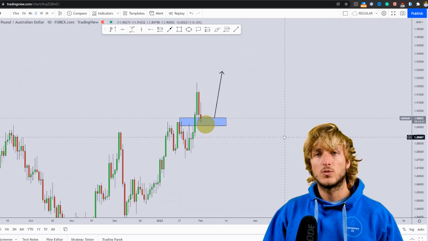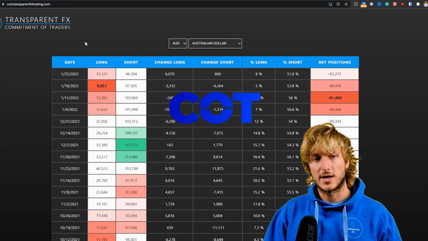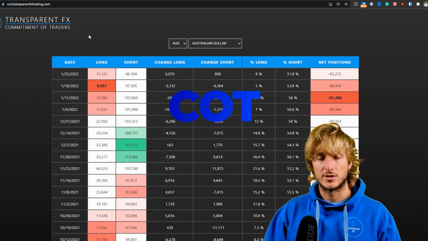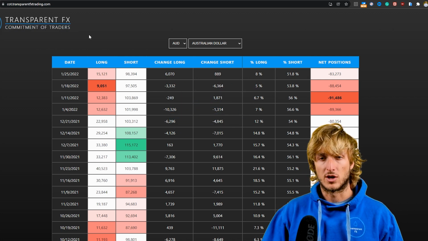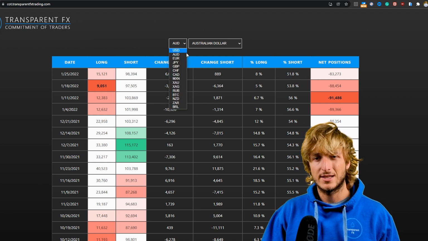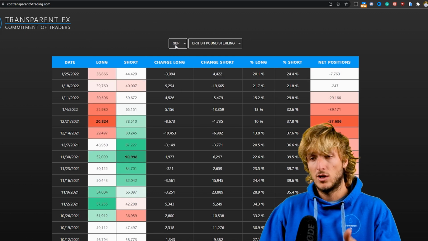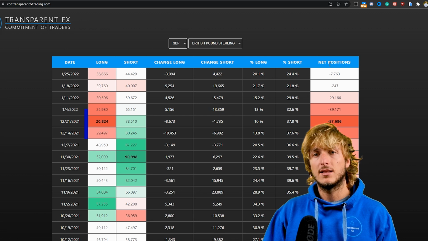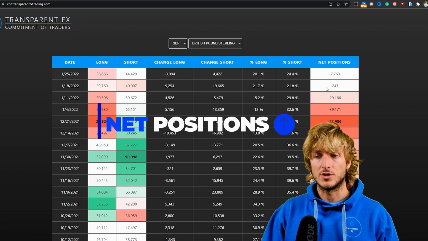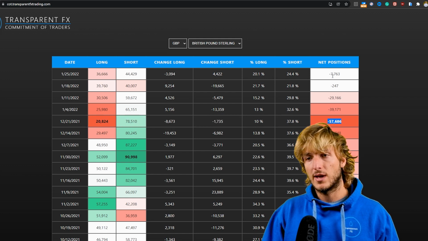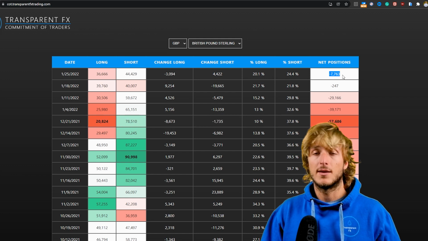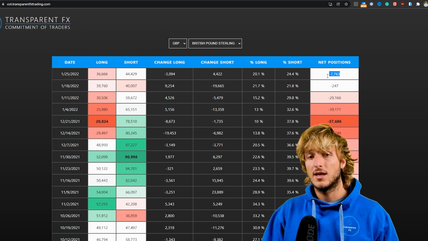Now, if we go and see what we have from a COT perspective, so commitment of traders, which is what the non-commercials and the biggest speculators in the market are doing, and we check the data, for example, for the pound, what we can see is that lately net positions have been increasing. We went from having minus 57k net positions all the way up to having minus 7.7k net positions.